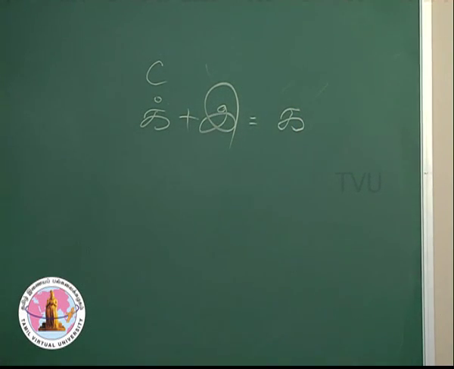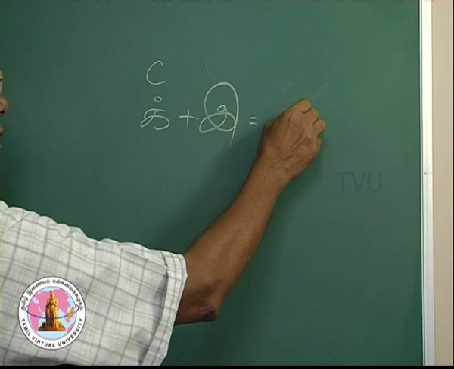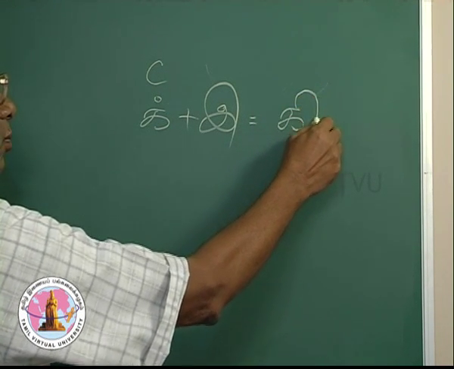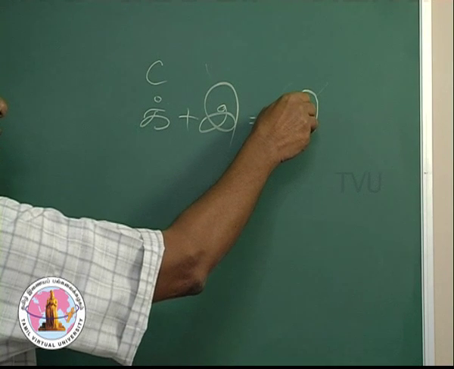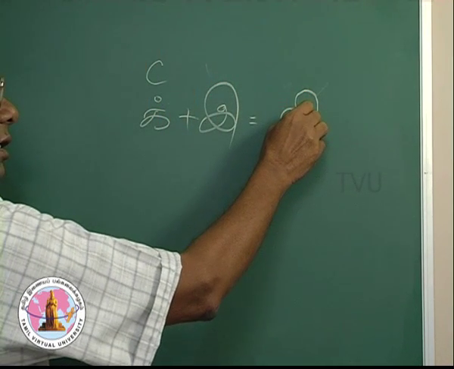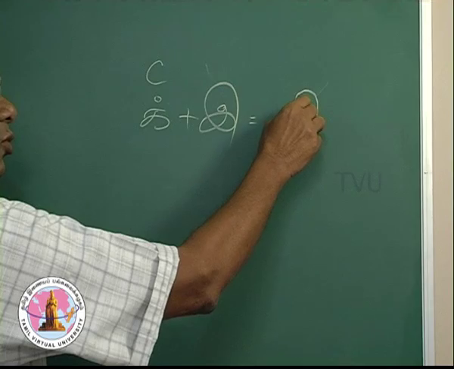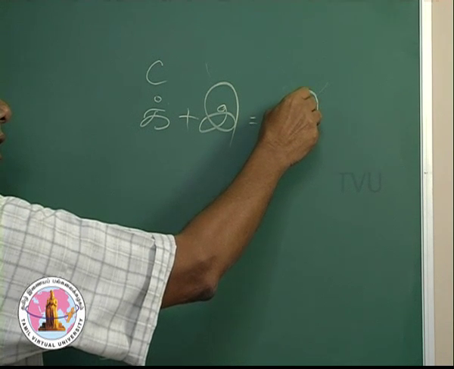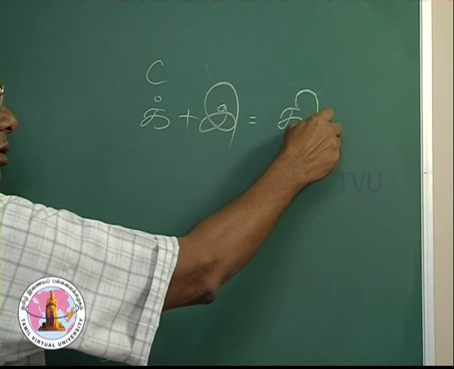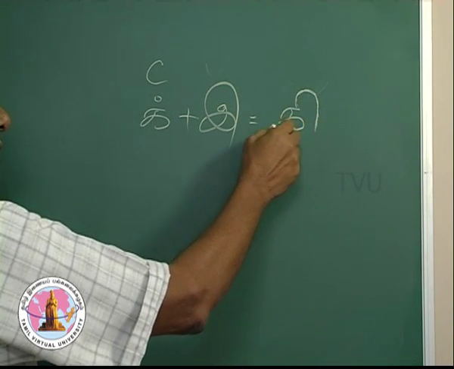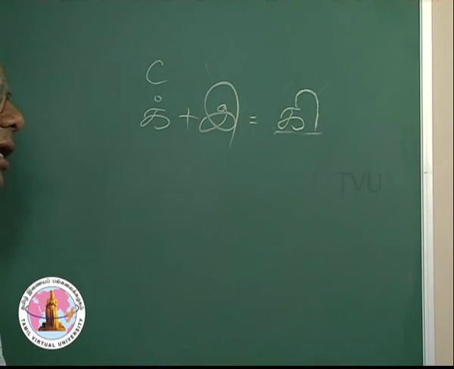This is ka, as you know, and you put a curve at the end of the right side. From the right end, you elongate the line, make a curve, bring it down and end it equally along the letter.